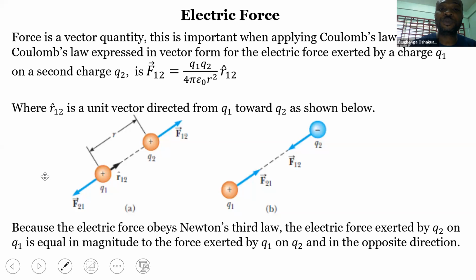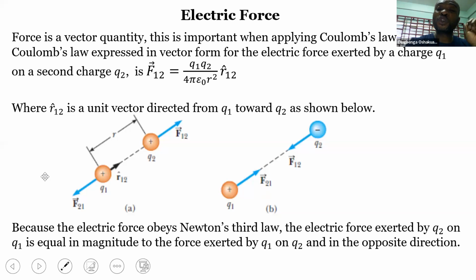So F21 and F12 are conventions so that when we say F12 or F21, you will not be lost. Q2 attracts Q1 with force F21. Q1 attracts Q2 with a force F12.